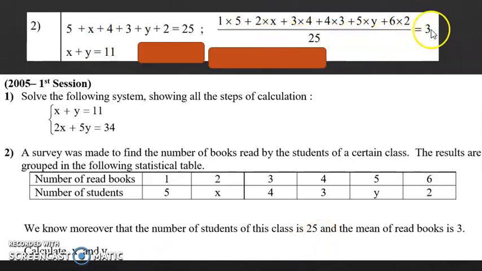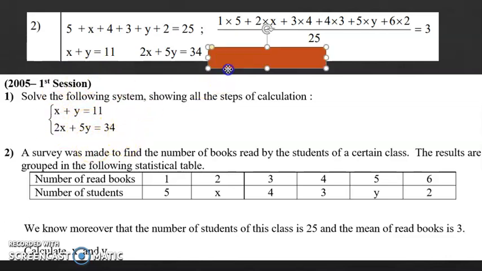So you'll get this. Also simplify it. Start by cross multiplication and take the unknowns to one side and the numbers to the other side. After simplifying it, you'll get this form: 2x plus 5y is equal to 34, which is also the same as the second equation in this system.